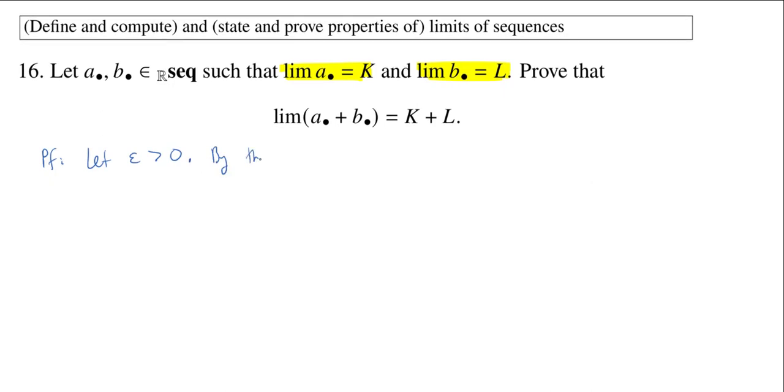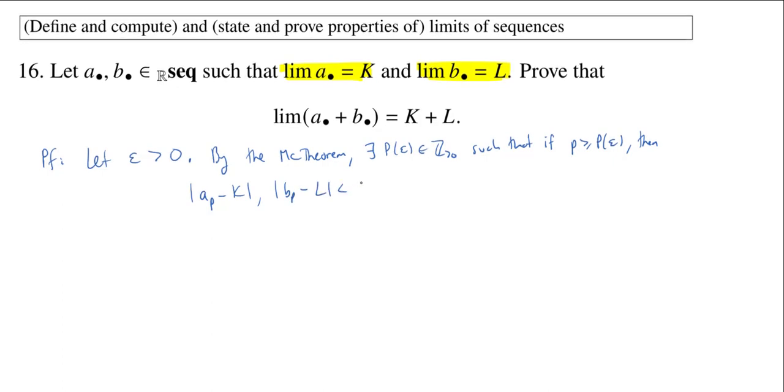So by the MICK theorem, this is our multiple constraint theorem, there exists some, let's call it P of epsilon, such that if little p is at least big P of epsilon, then A sub P and K, as well as B sub P and L, are within epsilon of each other. Okay, so I can just do this all at once using the MICK theorem.